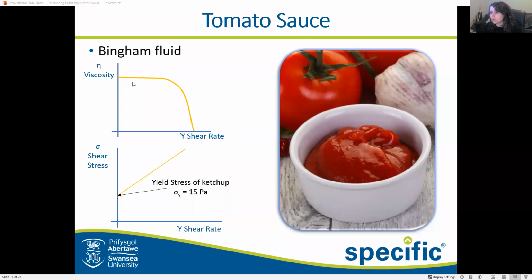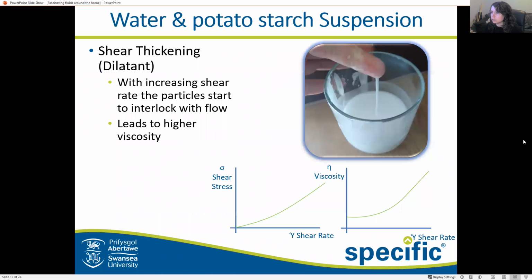If we go back onto the screen, we can then have a look at the next thing I found in the kitchen. So this is my particular favourite. So far we've mainly been looking at fluids which thin, either with shearing time or shearing rate, or then start flowing at a particular yield stress.